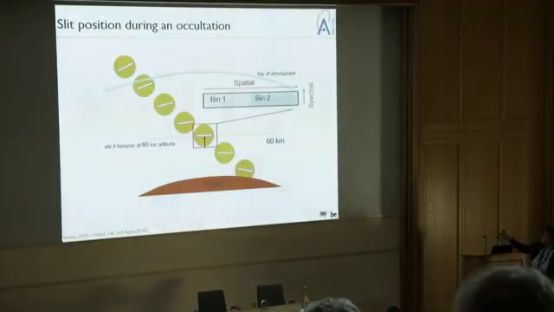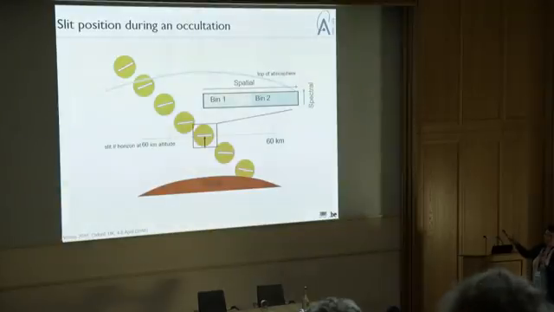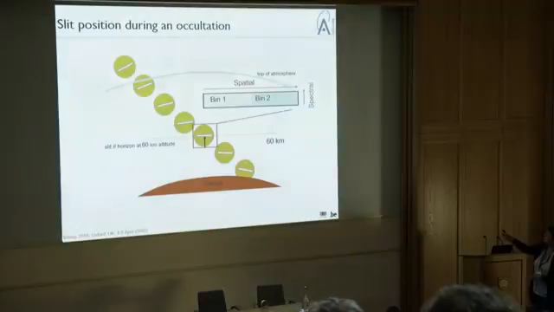If we zoom on this, in fact, the slit is divided into two bins. This is due to the limitation on data volume that we can download to the ground. You have the spatial dimension here and the spectral dimension here.